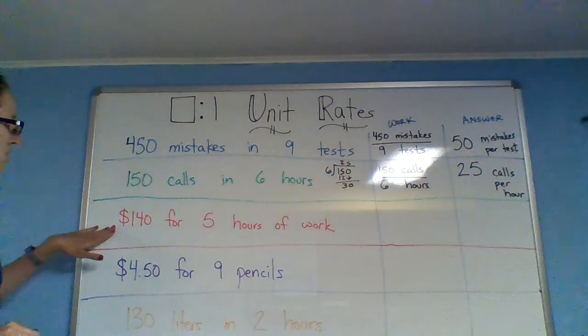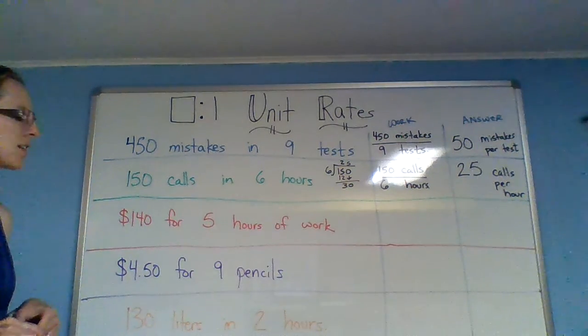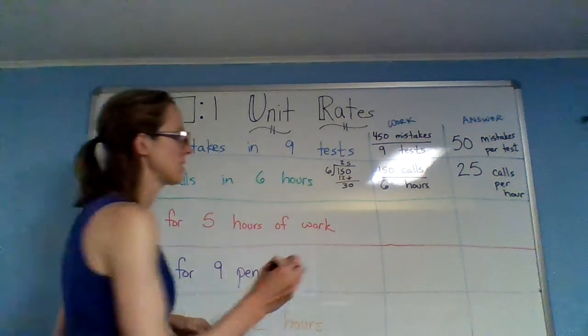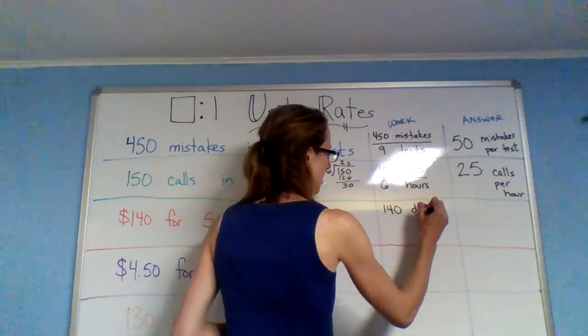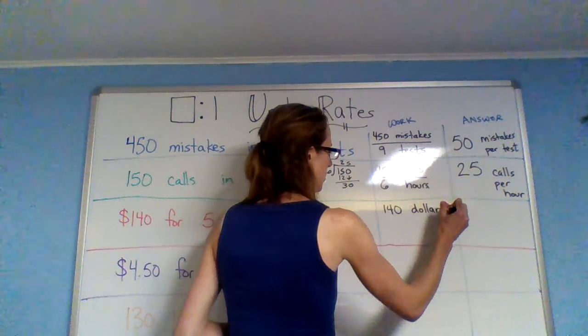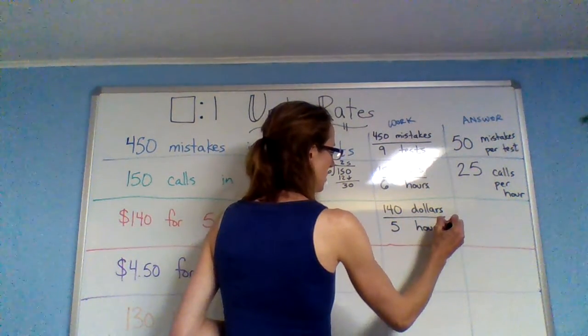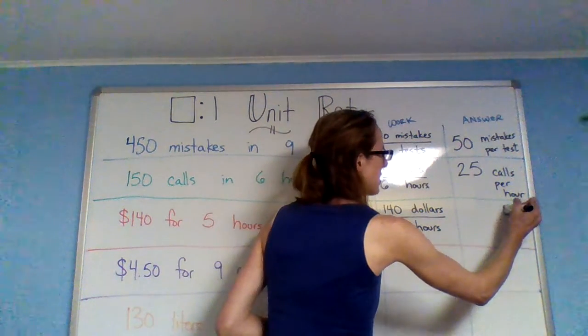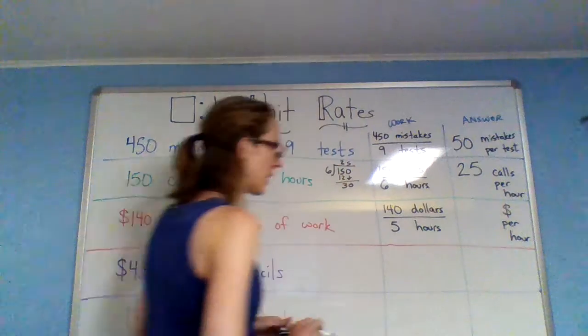All right, somebody is charging $140 for 5 hours of work. So I'm curious what their hourly rate is. So $140 divided by 5 hours is going to give us a dollars per hour rate.